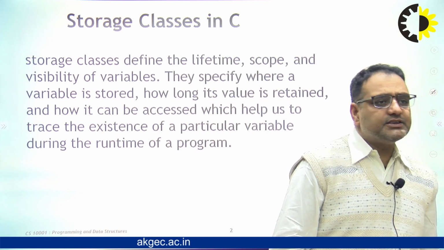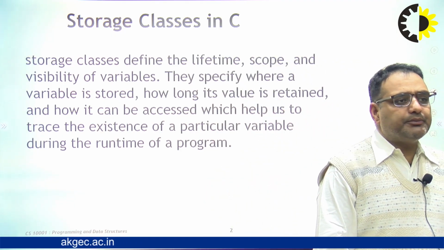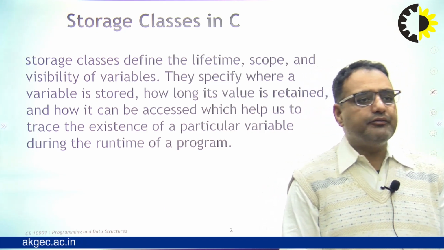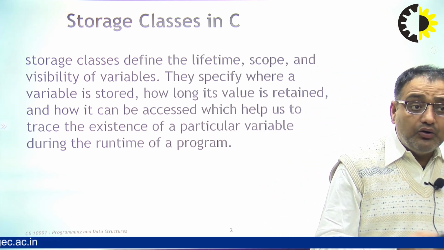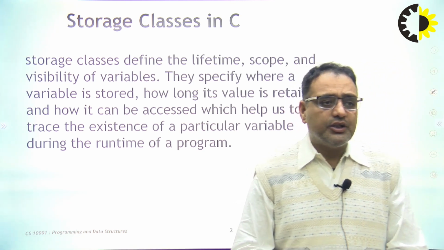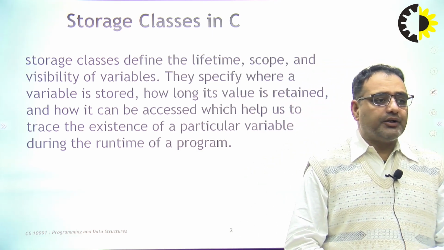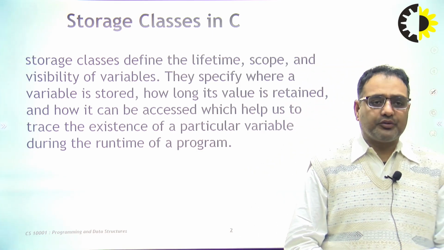The storage classes define the lifetime, scope and visibility of variables. They specify where a variable is stored, how long its value is retained, and how it can be accessed, which helps us to trace the existence of a particular variable during the runtime of a program.